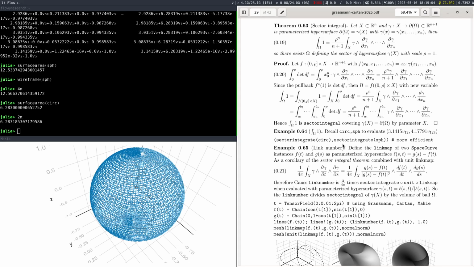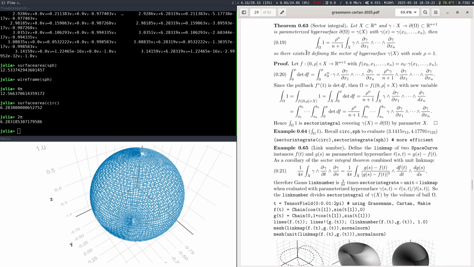Well, the point is that there must exist some omega defining the sector of the hypersurface gamma of x with scale rho equals 1.